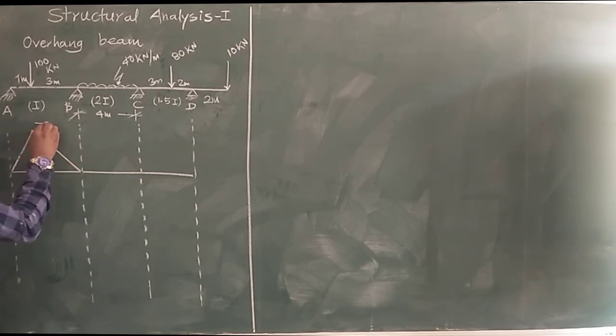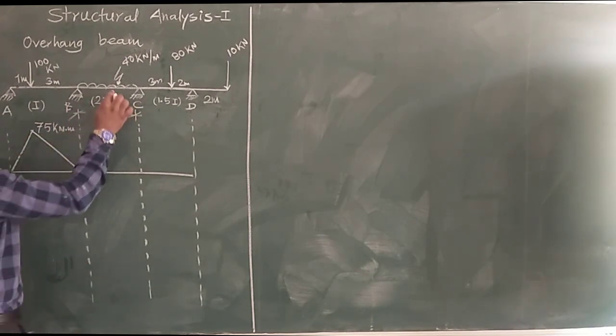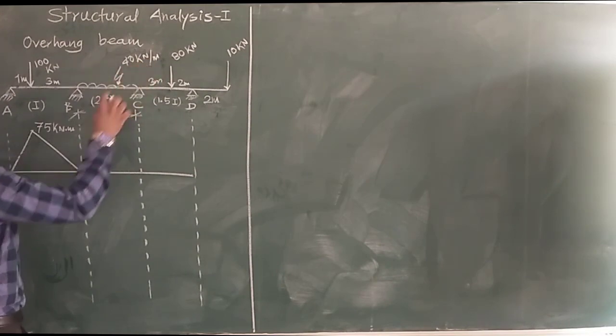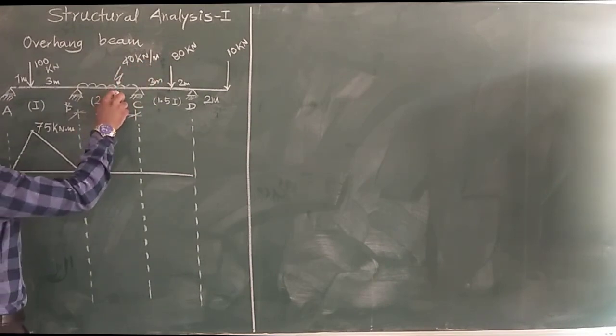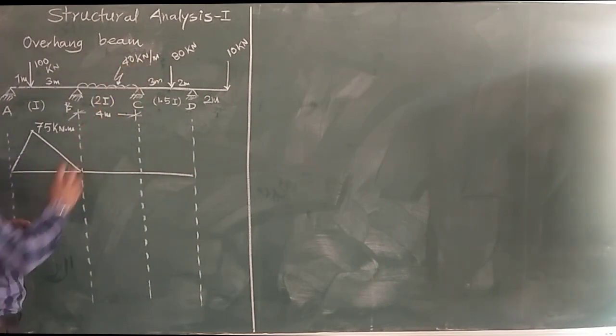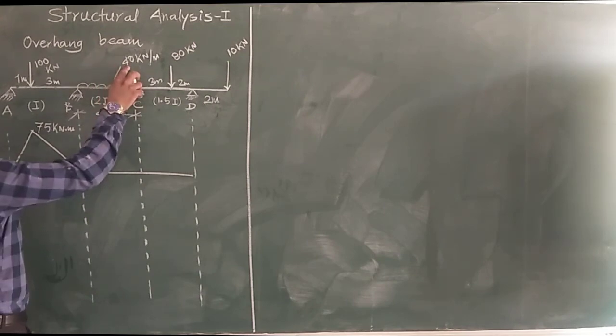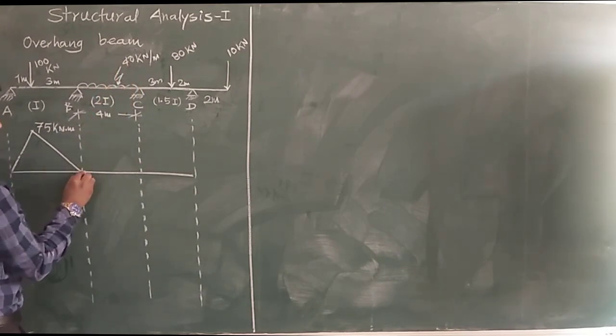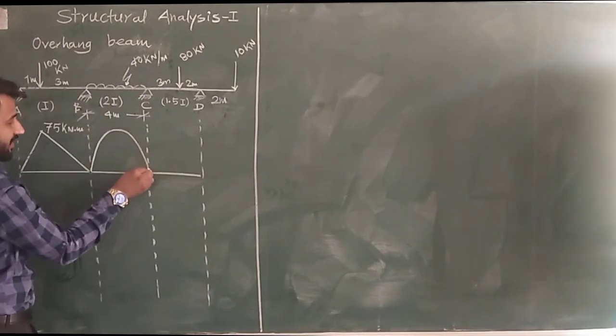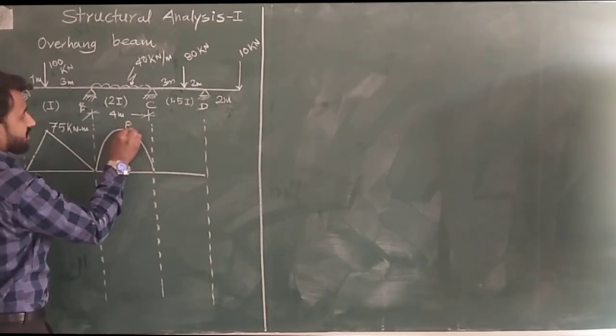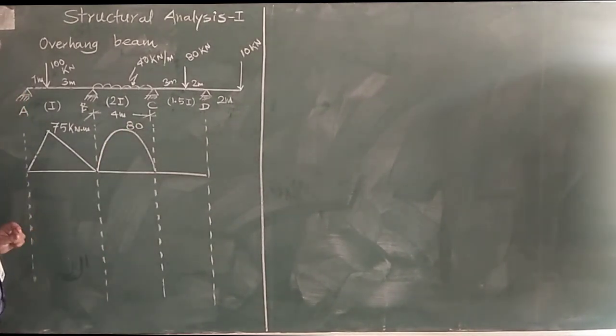So the moment will be 75 kN. Then the BC span carries 40 kN per meter UDL. This is calculated as WL squared by 8, where W is 40 and L is 4. So the value is equal to 80 kN.